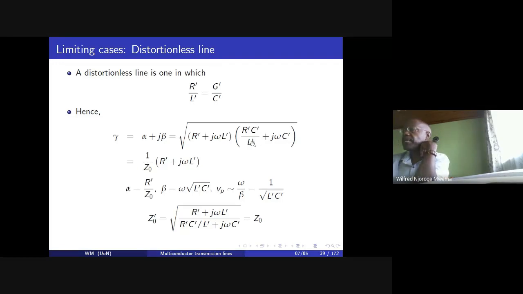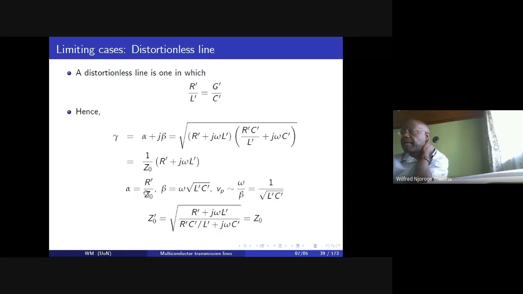Once we do that, we see that this value here is just given by R prime plus J omega L prime squared. Therefore, when we take the square root, we just get remaining 1 by Z naught into R prime plus J omega L prime in there.